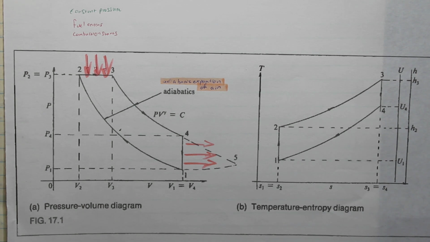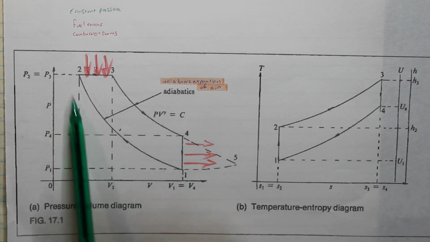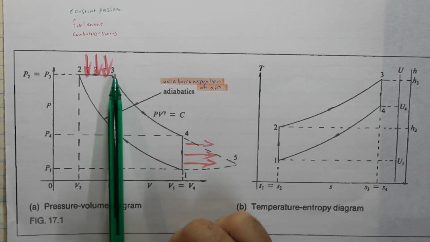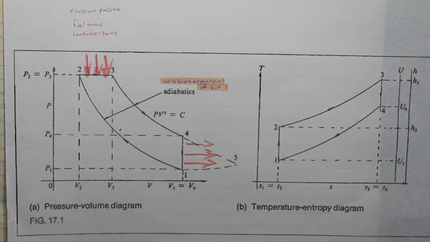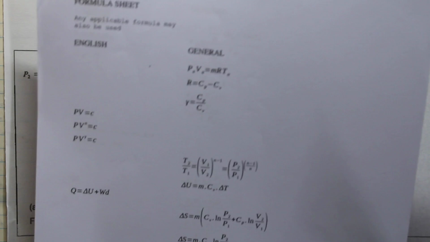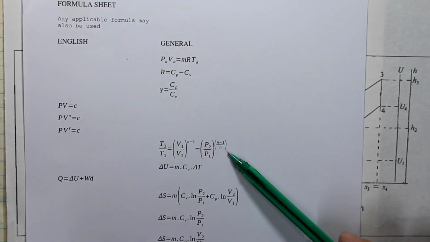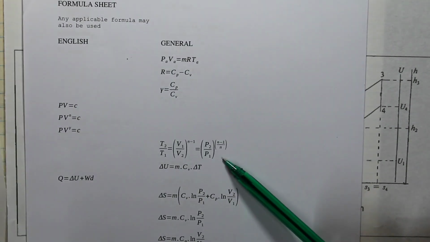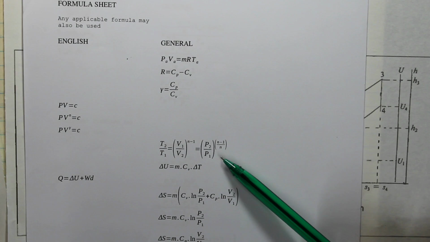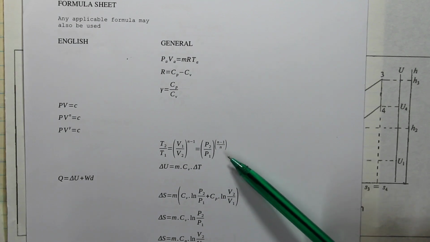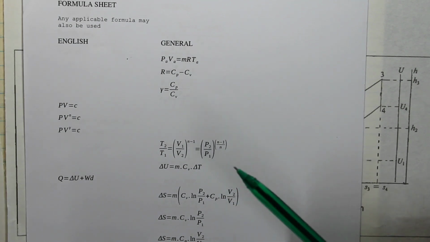Okay, so first of all, the adiabatic compression and the adiabatic expansion, which formulas are related to that? If you go to your formula sheet, it's these ones here that we just looked at, right? That's for a polytropic process, but it's adiabatic, so we need to change the n's to gamma.